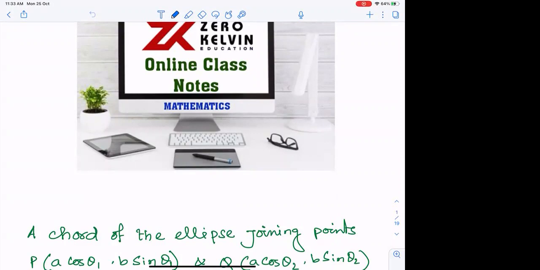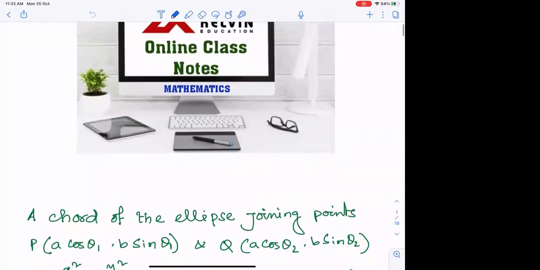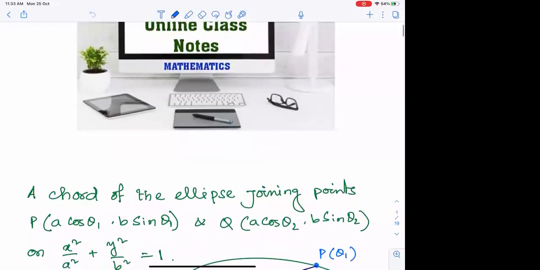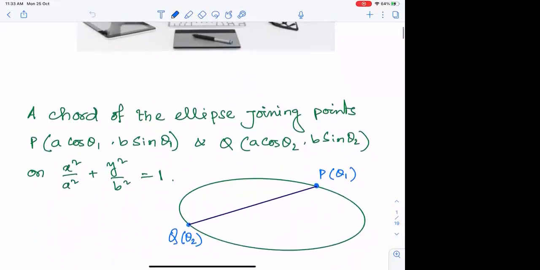So a chord of the ellipse joins point P, whose eccentric angle is theta 1 and hence coordinates are considered as a cos theta 1, comma b sin theta 1, and another point Q with eccentric angle theta 2 on the ellipse, having coordinates a cos theta 2, comma b sin theta 2. So roughly you can expect this diagram. This was the horizontal ellipse on which we are simply joining 2 points.